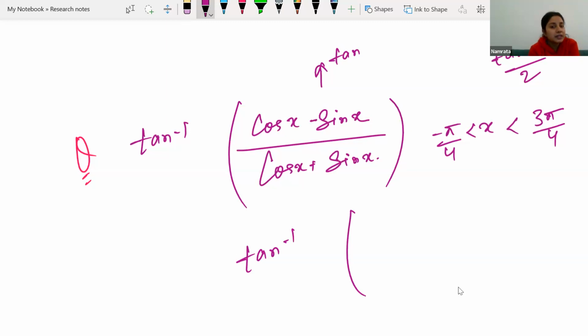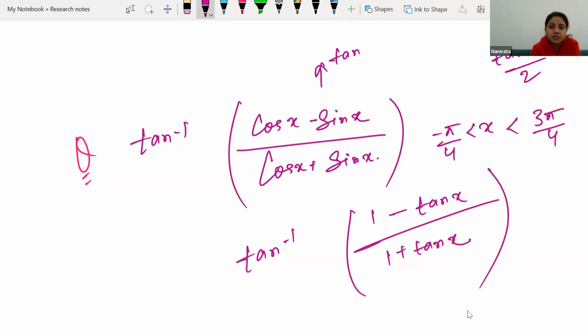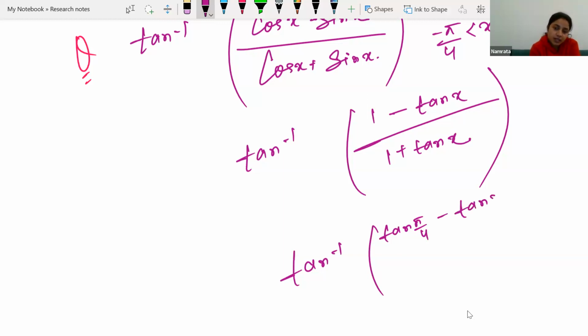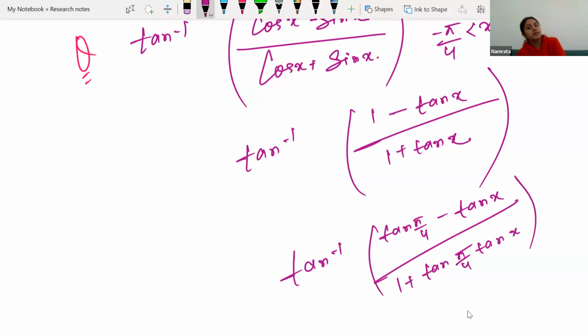So we'll be having tan inverse. If we divide by cos x, it will be 1 minus tan x over 1 plus tan x, and this can be taken as tan inverse of tan pi by 4 minus tan x over 1 plus tan pi by 4 into tan x. Can you tell me what formula is this?